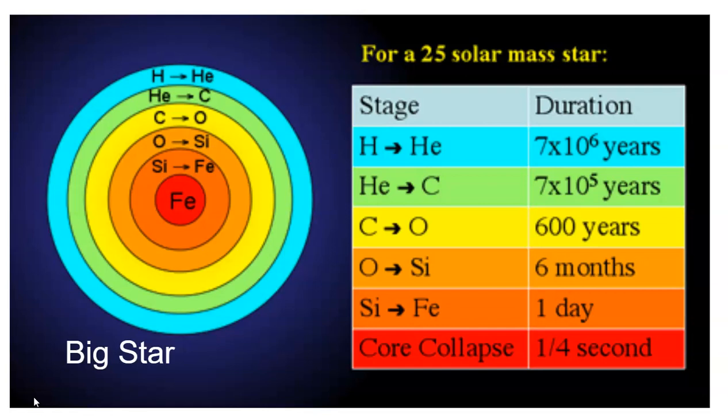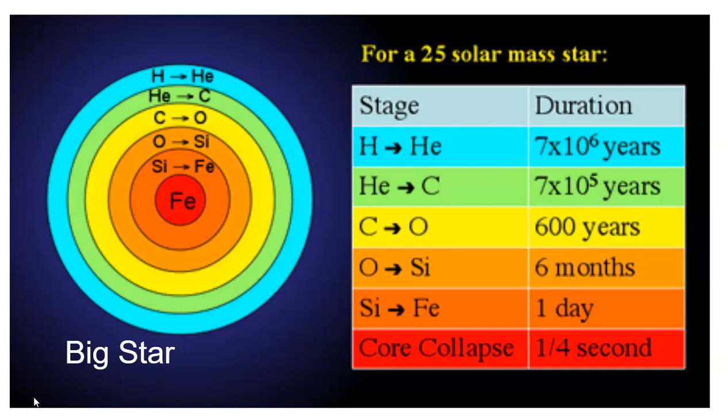If you look at this data table, it tells you that most of the star's life is spent fusing hydrogen to helium. And then the next most of its life is spent fusing helium to carbon. And then it goes really fast after that.